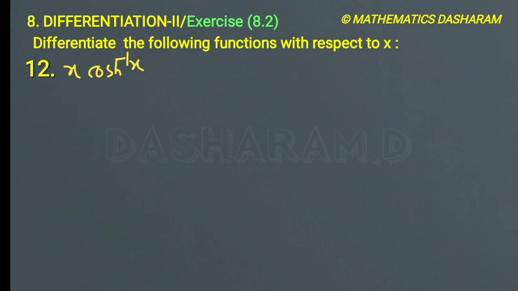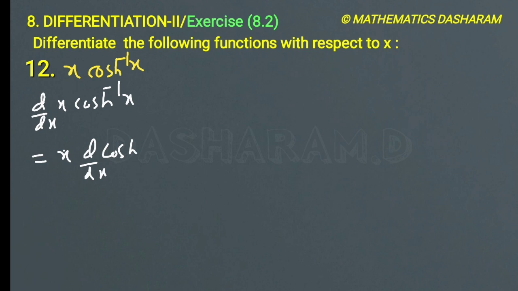12th question, x into cos h inverse x. So derivative of x into cos h inverse x. It is a product of two different functions. So then apply the product rule. So what is that? u into dv by dx. So x into d by dx of cos h inverse x plus cos h inverse x into d by dx of x.